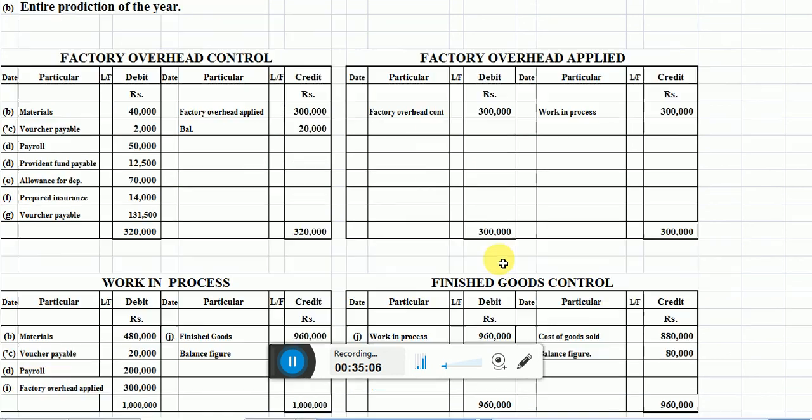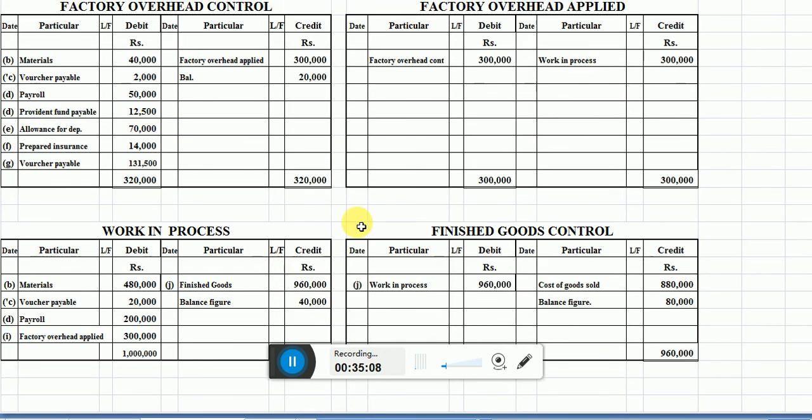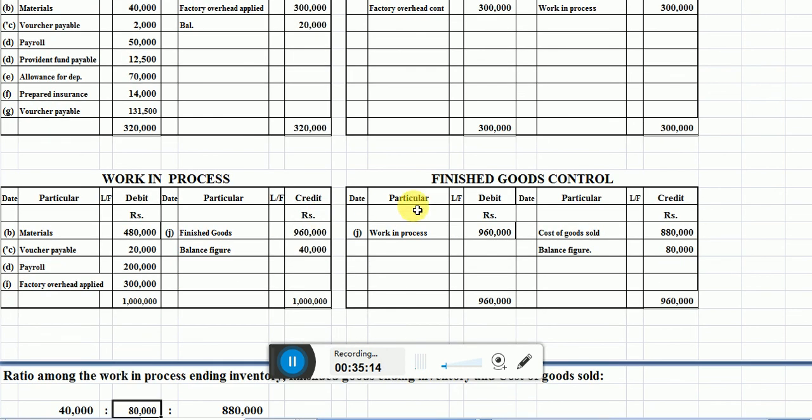After that, we have to prepare the ledgers for work in process here and finished goods control here.